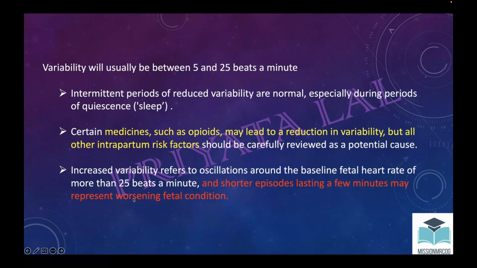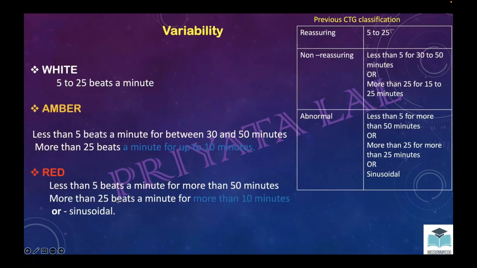So how a CTG with more than 25 beats will look, actually this much part of the CTG I have never seen. I don't know how it will look more than 25 beats per minute. But yes, you have to know it. If you think that variability is going more than 5 boxes, that means it is more than 25.